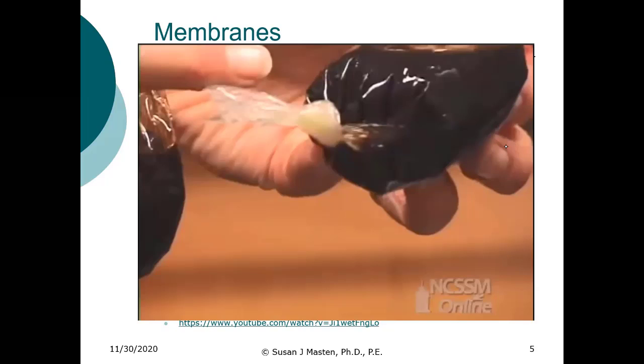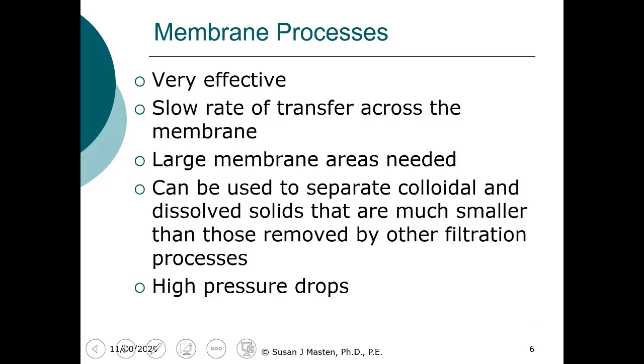The sugar molecules aren't able to pass out of the membrane, and then what you see is that the molasses becomes more dilute. So it tries to give you a sense of what we're talking about when we're talking about semi-permeable membranes.